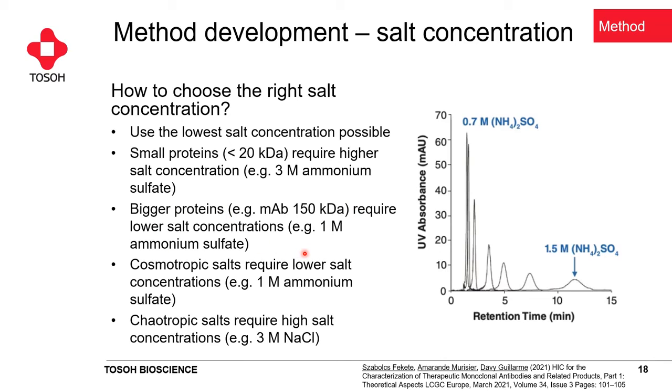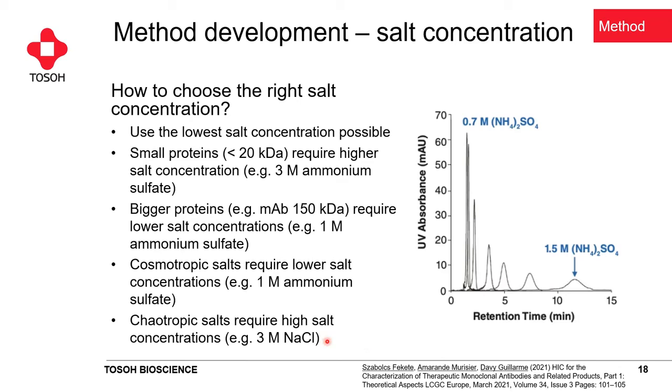So very typical numbers you can start with is, for instance, for a monoclonal antibody, you could start with 1 molar of ammonium sulfate and go back to 0 molar, so no salt at all, in your gradient. Now, rather chaotropic salts like sodium chloride, for instance, they require higher concentration. So for sodium chloride, if you would like to use it, you would go as high as 3 molar.